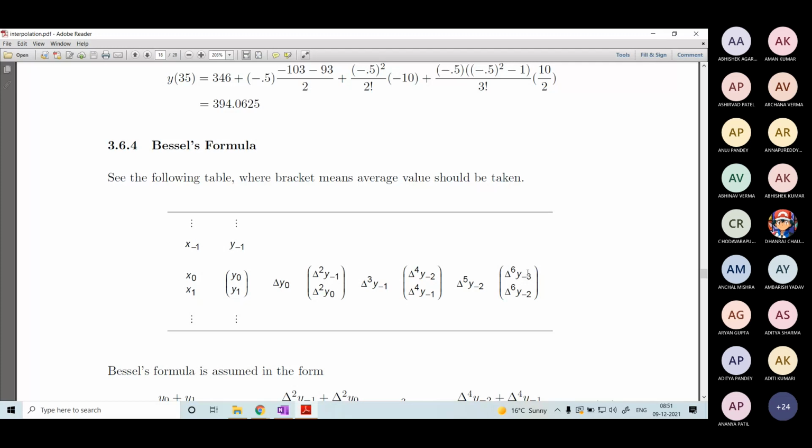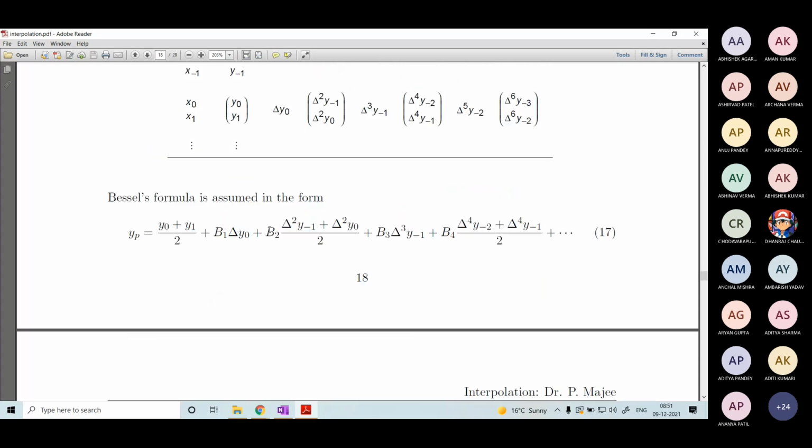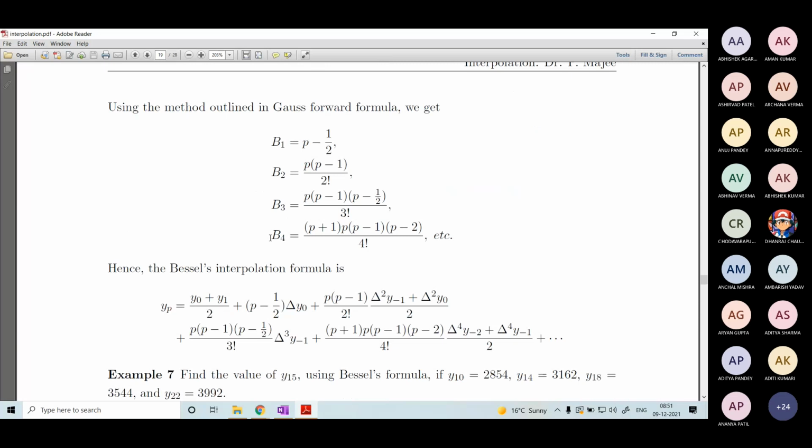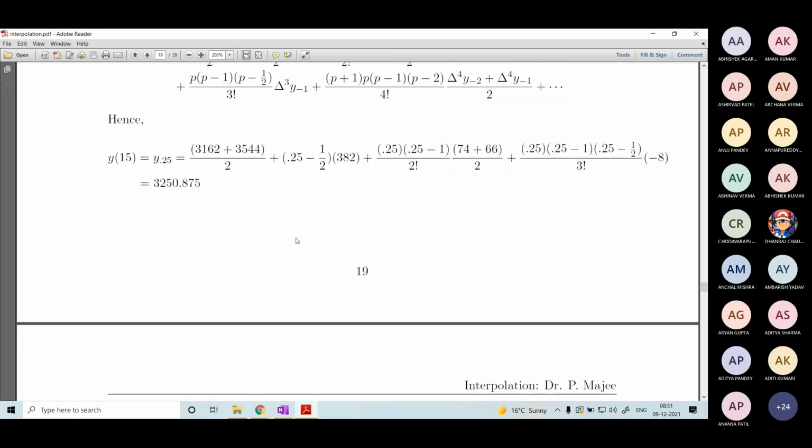I'll be uploading the tutorial sheet. और next two more formulas will be there which are for arbitrary data sets, and they are very interesting compared to these Bessel's and Everett's. One is Lagrange interpolation and another is Newton divided difference.